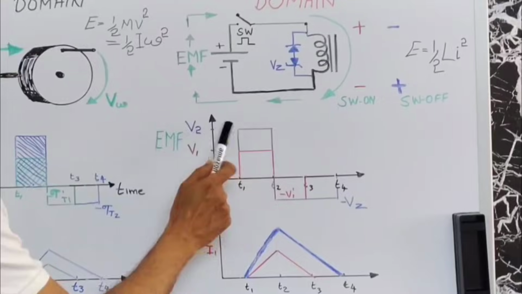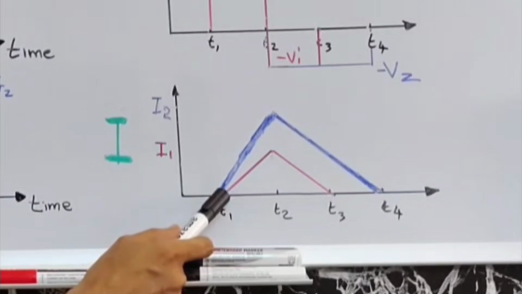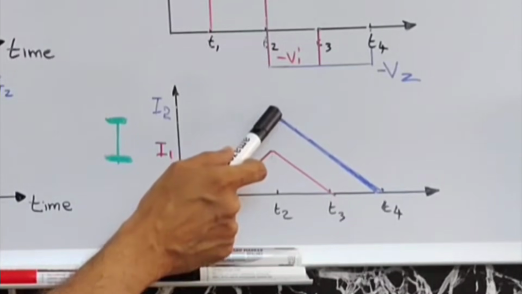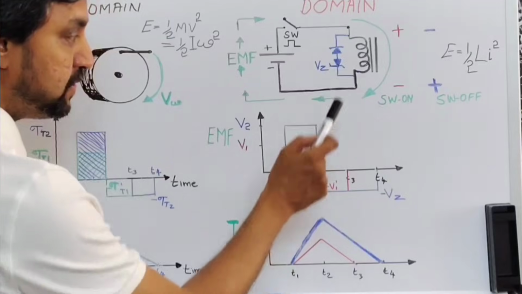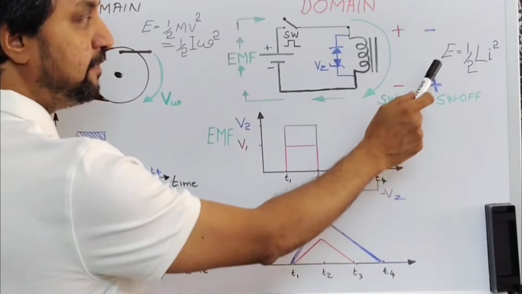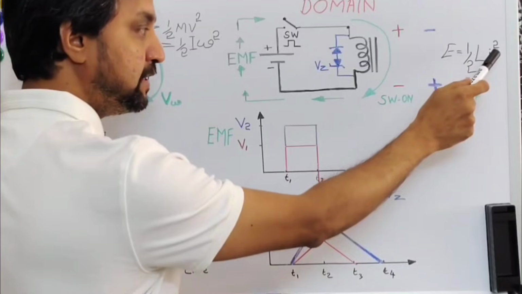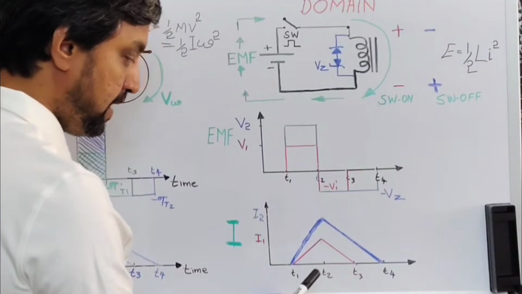The current through the inductor starts ramping up from 0 to a higher value. At any given point of time, the energy stored in the inductor is given by the equation: energy is equal to half L i squared. L stands for the inductance value, I stands for the current.